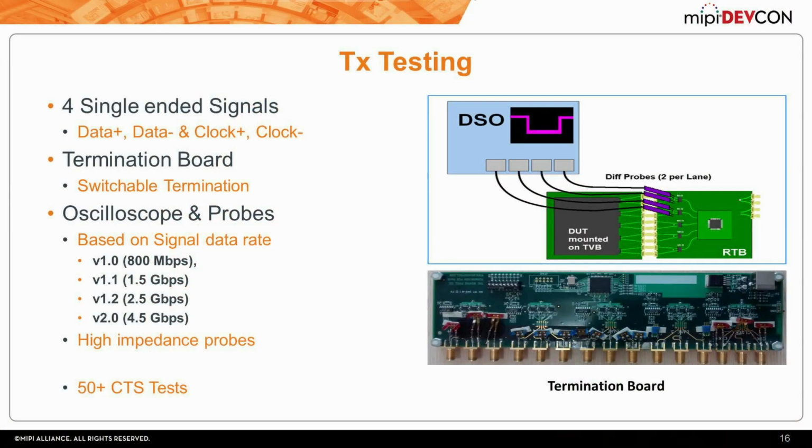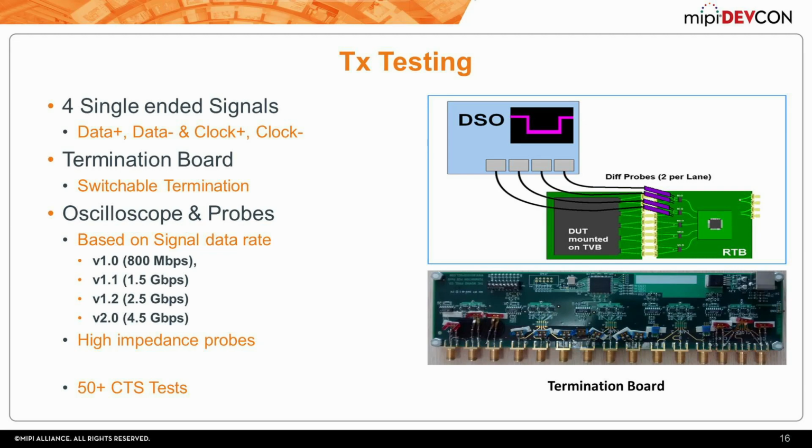So this is a kind of summary slide of the TX testing. This is a block diagram of the transmitter test setup. As we know, there are 4 wires at a minimum that we need to test D-PHY. The 4 wires are fed to the 4 channels of an oscilloscope. That's one thing. And we know we wanted switchable termination. There is a termination board here, and this is actually the device under test.